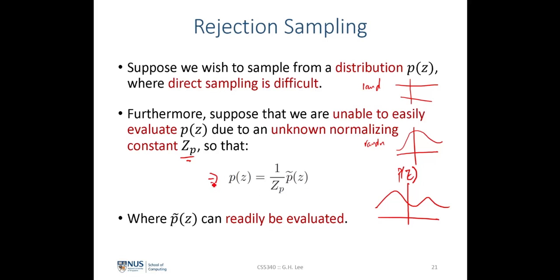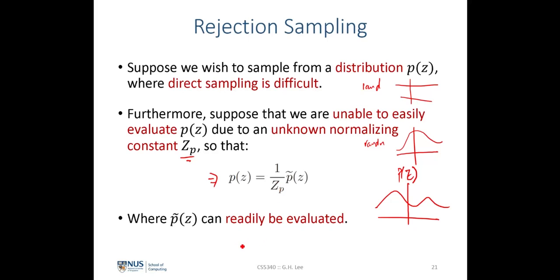Let us denote the distribution that we wish to draw a sample from as the unnormalized form, which we denote as P tilde of z, divided by the normalizer constant, which we denote as Z_P here, where P tilde can be readily evaluated, but not Z_P.